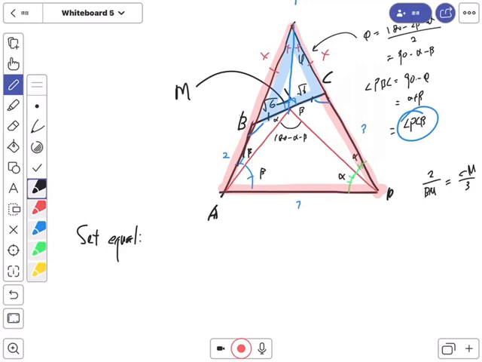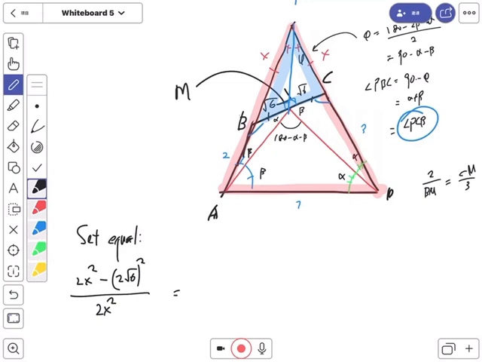Set equal, we're going to have the left angle is going to be 2x squared minus 2 root 6 squared, and divide by 2x squared.